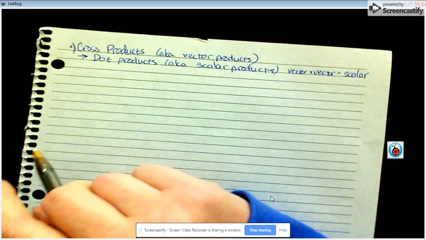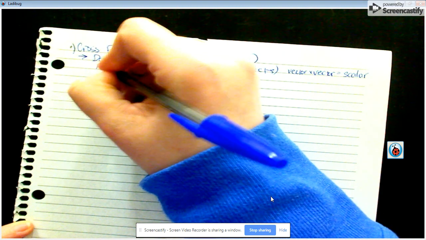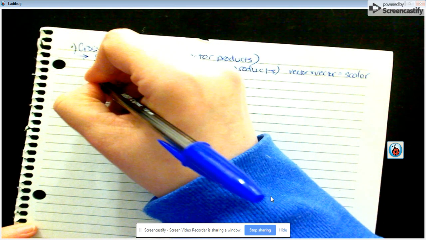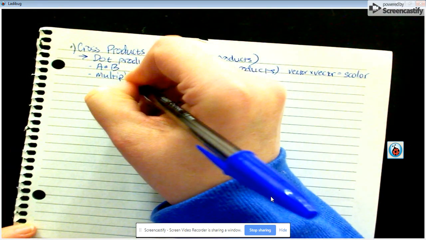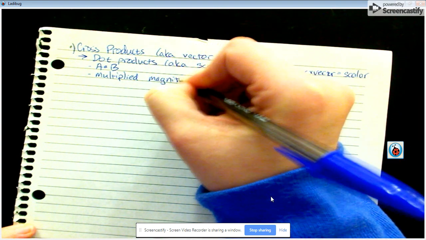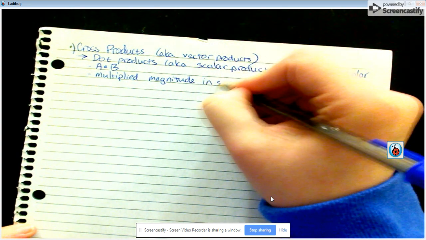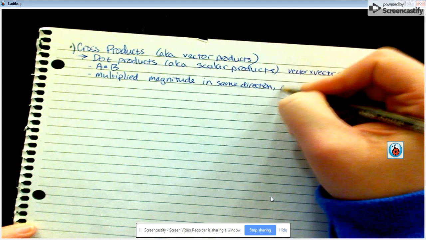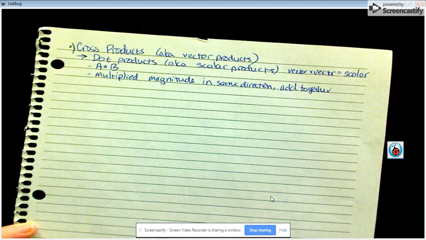So for dot products, we took A dot B, whatever our vectors are. And when we did that, we multiplied the magnitude of each vector, the components that were in the same direction, and then just added it together to get your scalar product.